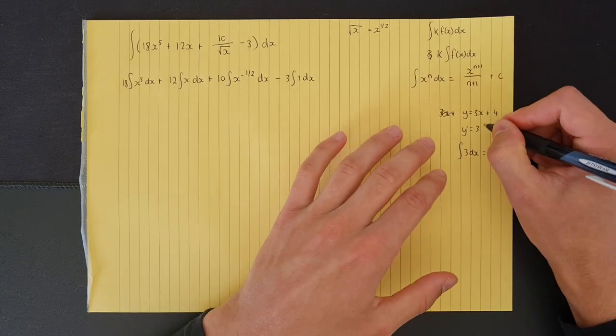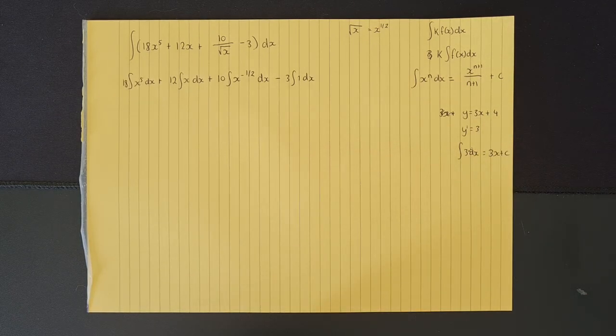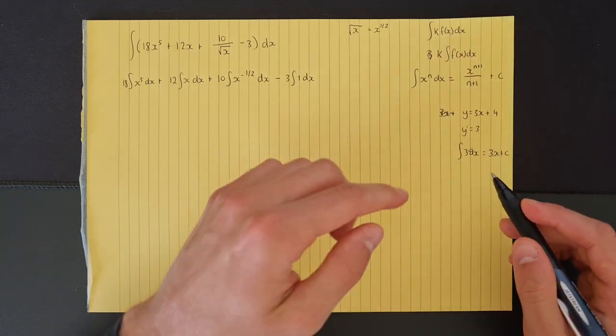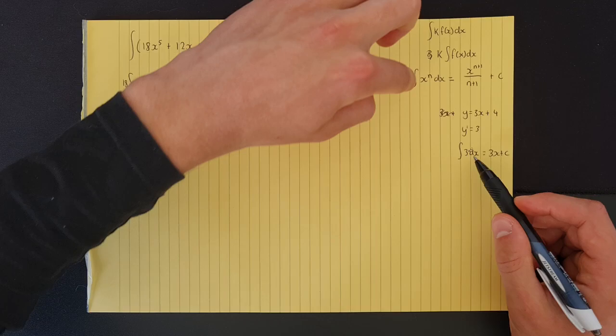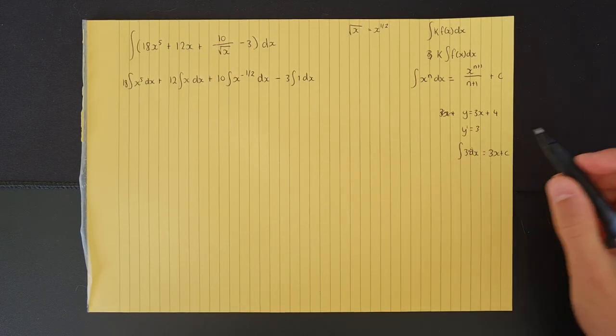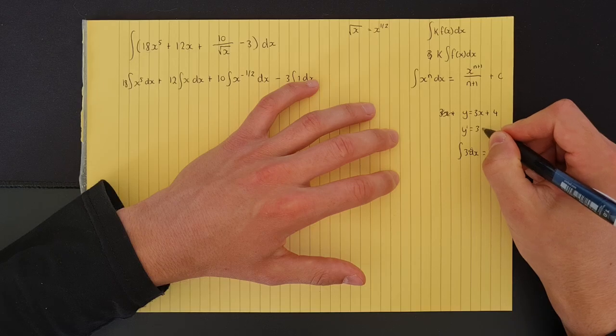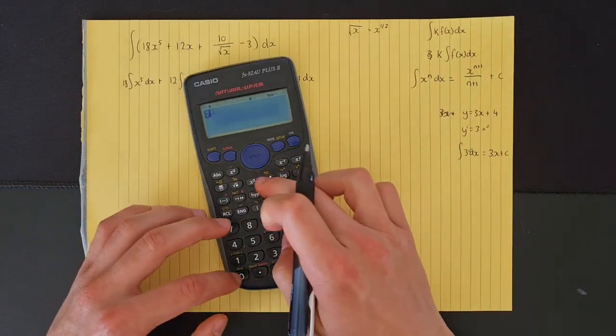This is because this is the same as writing 3x to the power of 0, because anything to the power of 0 is just 1.